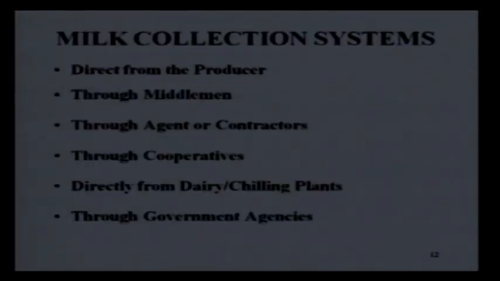The second aspect is through a middleman. This system has been existing and is declining, but it still exists. The middleman is the person who takes advantage of our illiterate farmers and their scanty, small, scattered production. He collects the milk from different farmers and gives it to the central dairy.